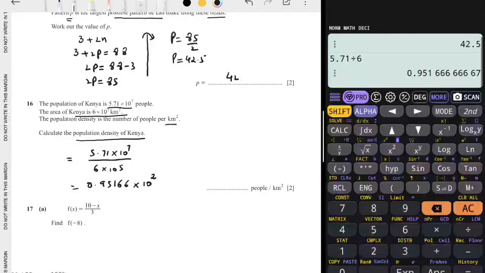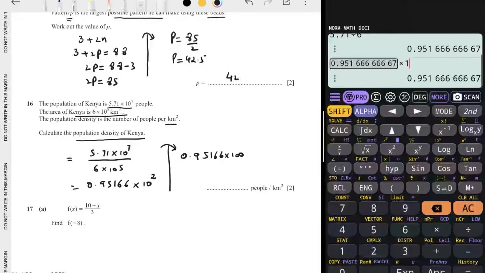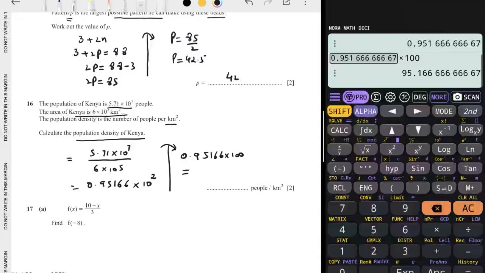Now it can also be written as 0.95166 times 100. So we'll multiply this by 100, and the answer would be 95.16 or 95.17. This would be the final answer.